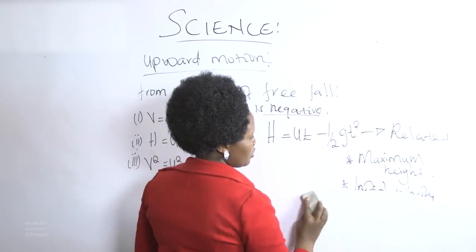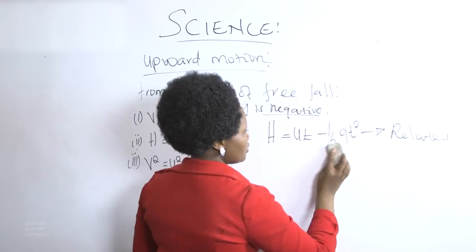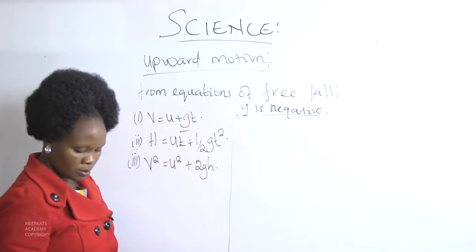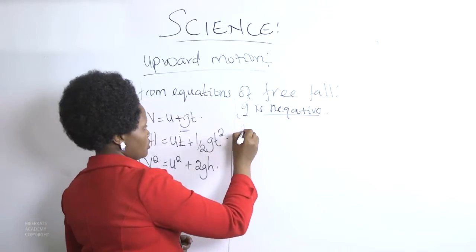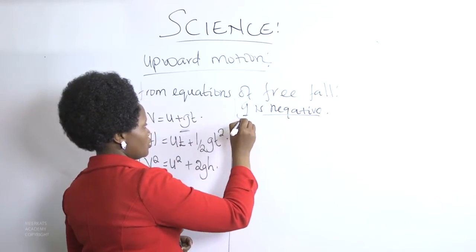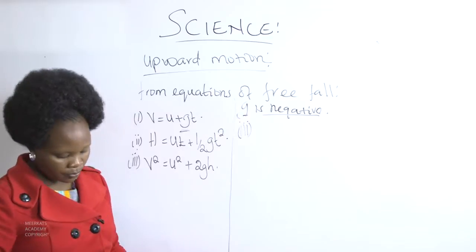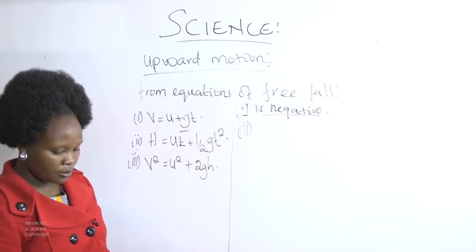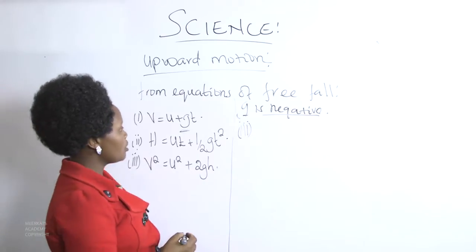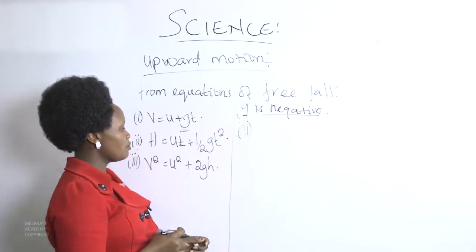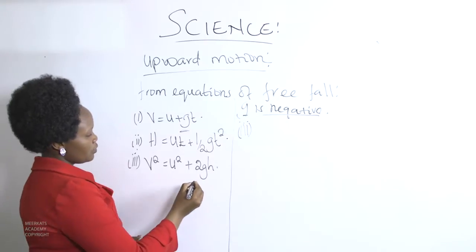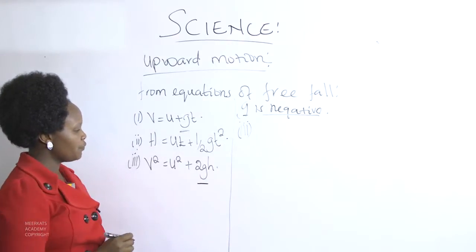Now, we have the last equation, number 3. And equation number 3 comes from the third equation of free fall. Again, we note that we still have g.